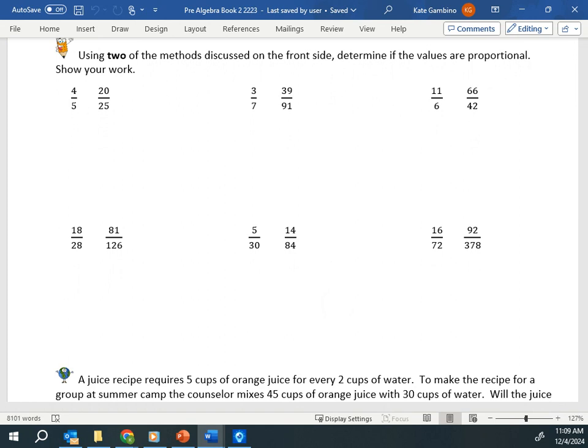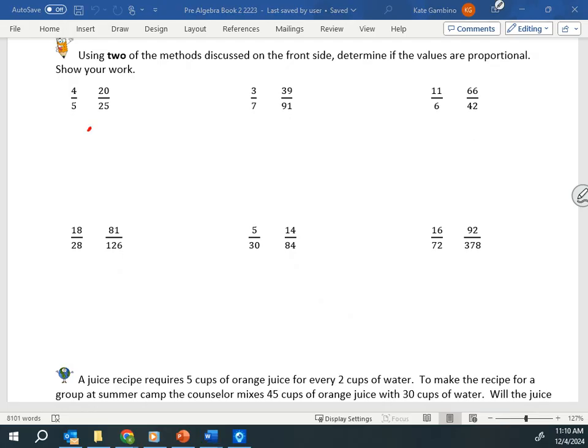4/5 to 20/25. First question is, are they proportional? Yes. So I'm going to use 2 methods to either prove they are or prove they're not. So what method should I use for my first method? Abby, what should I use? Okay, what would I multiply by?